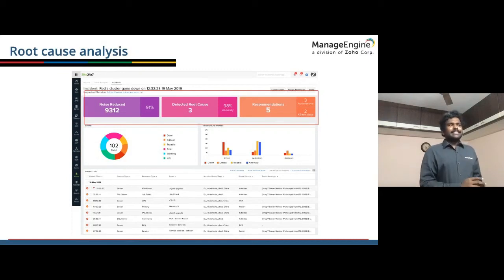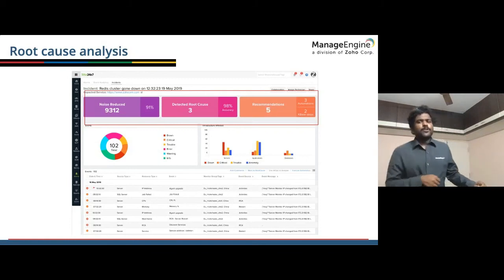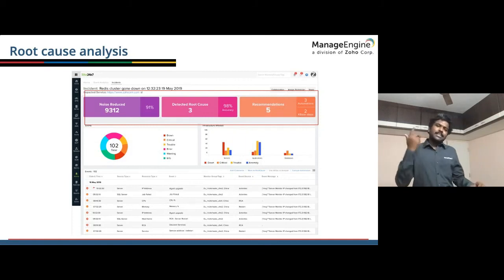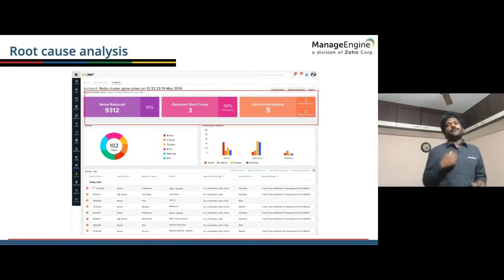Now, you can see that the detected root cause is about looking at your past. You know an outage has happened. Case one, there can be an outage, and you say, find the root cause for me. So it looks at all previous outages that have happened and their corresponding root causes.